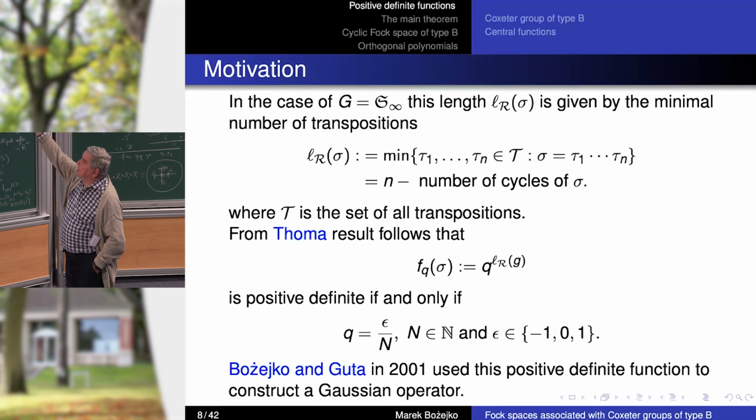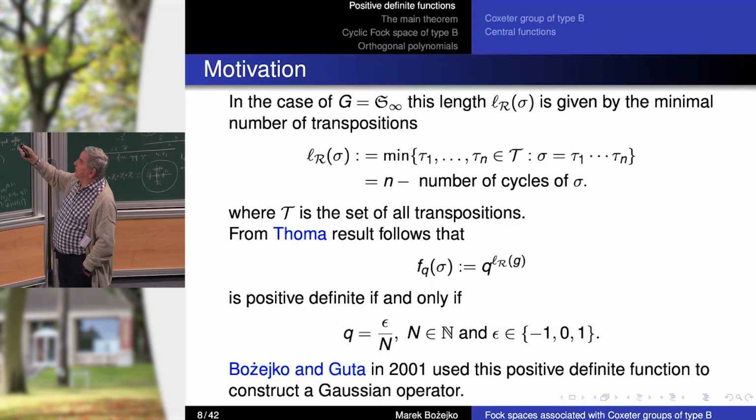But this is just when you use transpositions, and as I said here, the simplest example of a positive definite function is just q to the length, where q is what I wrote here, plus or minus.